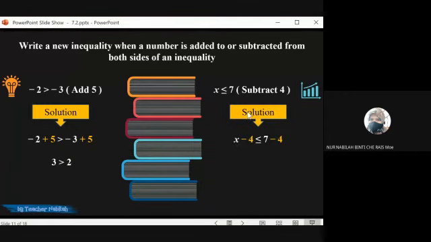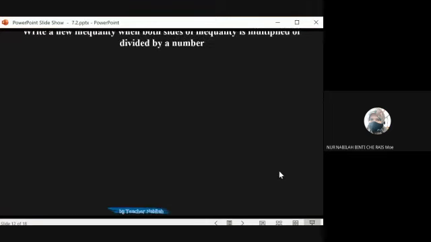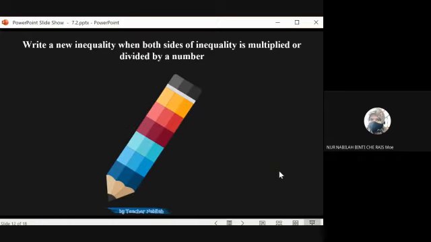On the left, x minus 4, and on the right, 7 minus 4. x minus 4 you cannot solve, so you just write x minus 4, and 7 minus 4 equals 3. So this is your answer. That is addition and subtraction.